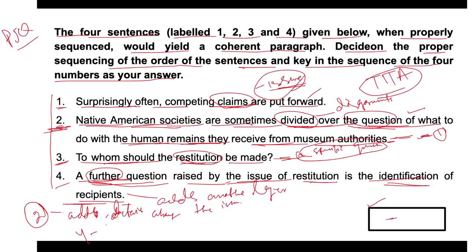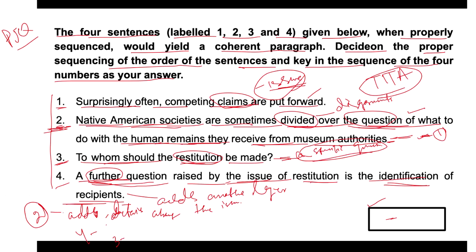That is again asking who should receive the restitution. So sentence 3 directly asks the question related to restitution. We talk about a specific question following from sentence 4, isn't it? So in the discussion, in that case, we can say 2, 4, 3 would be a proper sequence.